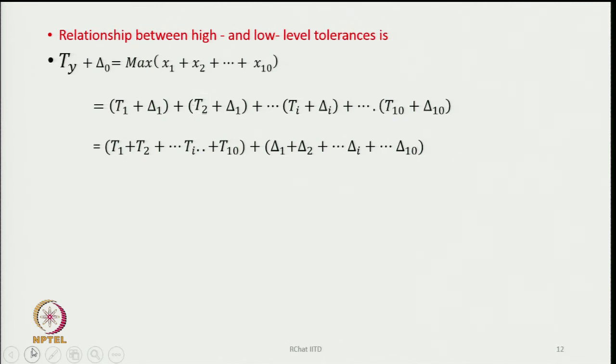if we want the relationship between high and low level tolerances, is the maximum of x_1, x_2, x_3 up to x_10. So, this is going to be T_1 plus delta_1, T_2 plus delta_2, T_i plus delta_i, up to T_10 plus delta_10, and therefore, I can write all T's on one side and all tolerances together.